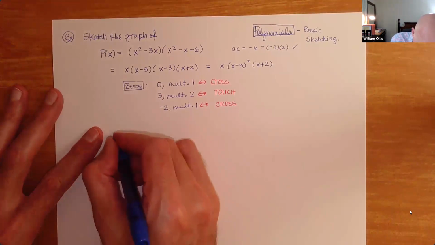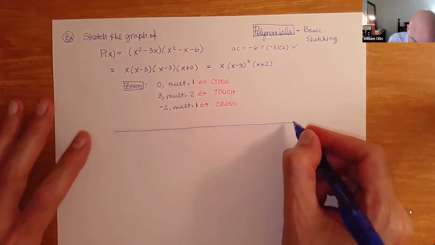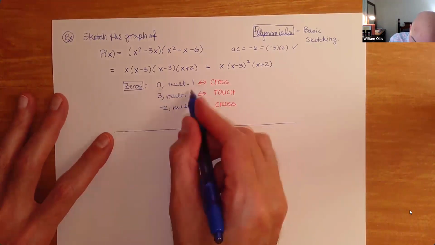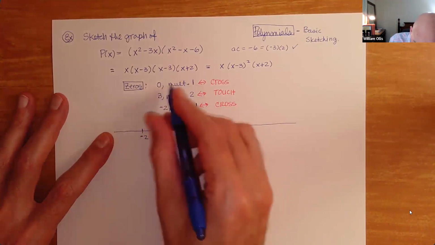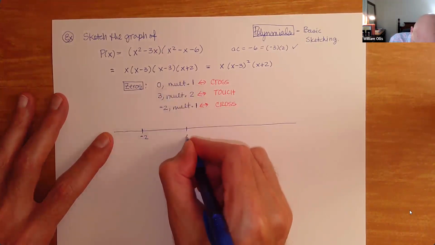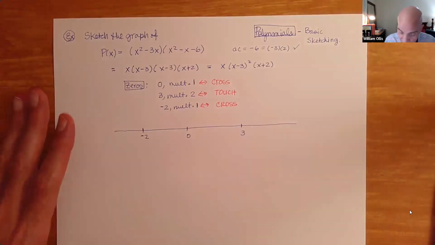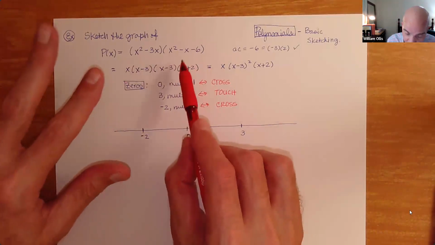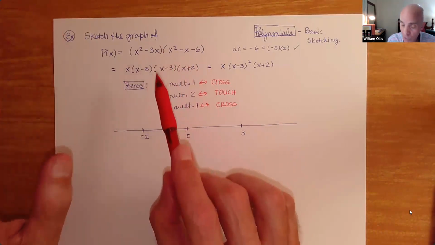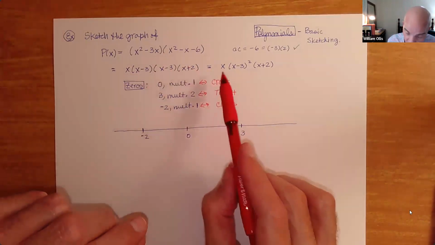So now we can sketch our number line to do a sign test or sign analysis. And we'll go ahead and write in our zeros. So we have a -2, we have a 0, and we have a 3. Let's just think of substituting a very large number greater than 3, like 100.